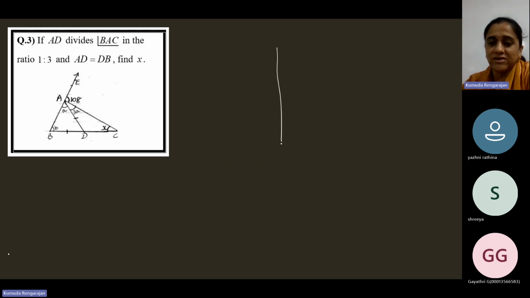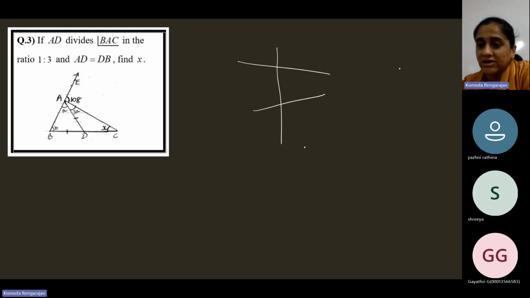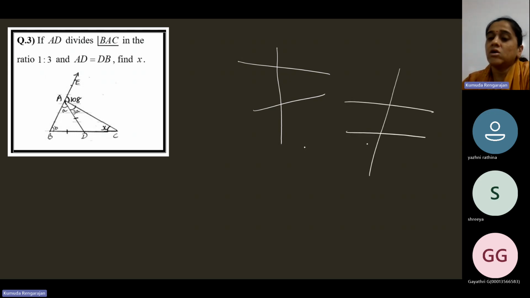When a transversal intersects two lines, only then we have alternate angles, corresponding angles, co-interior angles, all these angles formed. And when a transversal intersects two parallel lines, only then alternate interior angles are equal, corresponding angles are equal, co-interior angles are supplementary. Here we don't have parallel lines at all. So no corresponding angles, no alternate angles, no co-interior angles. Get that?